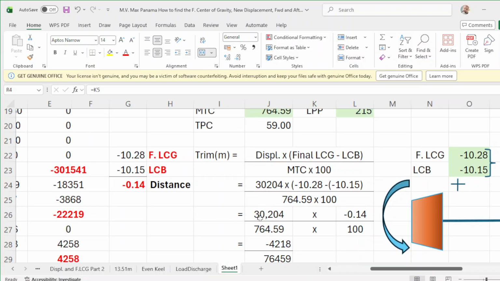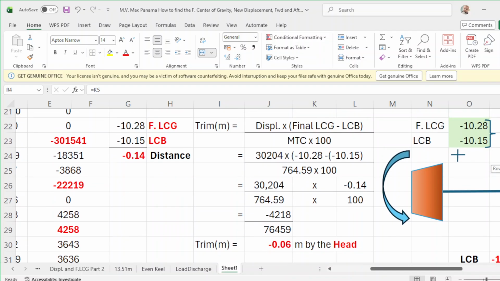Put the displacement 30204 times the value of this, negative 0.14, over your MTC of 76459 times 100. Multiply these two, that will be negative 4228. Multiply this one, that will be 7645900. Okay, you divide this one, that will be negative 0.06 by the head. If you are negative, meaning you are trimmed by the head.